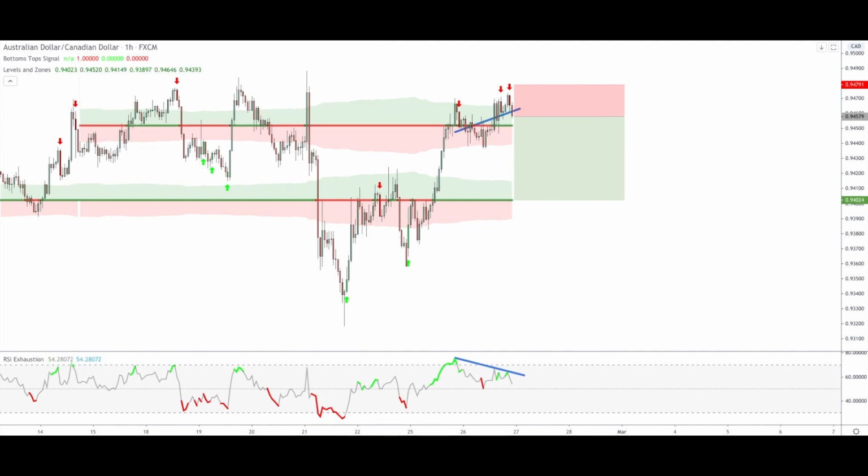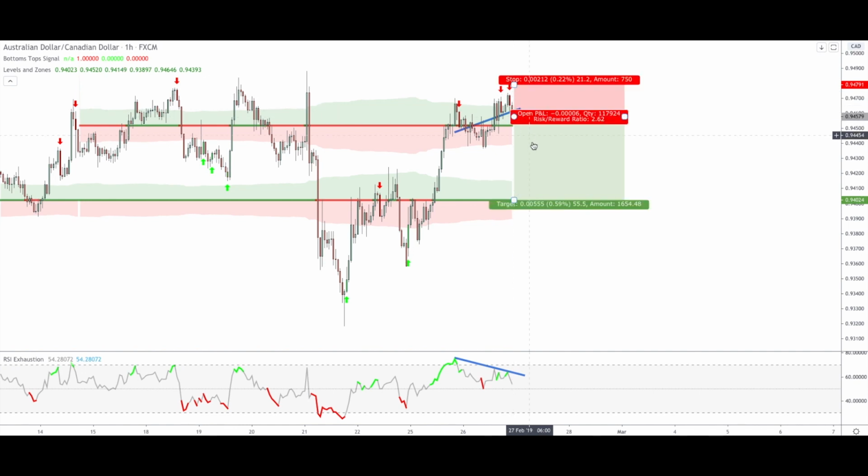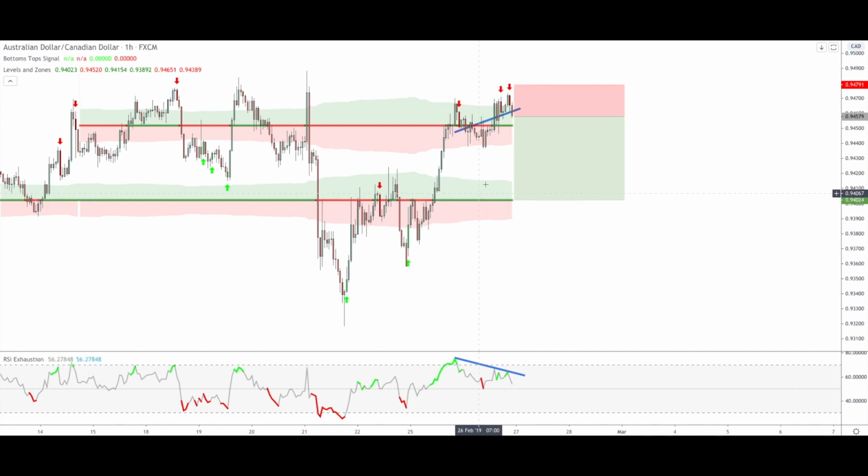Since the price likes to test this level multiple times, not once but multiple times, we should expect that if the price comes down as we are expecting, then it will definitely reach this target here. It will definitely come all the way back down here.